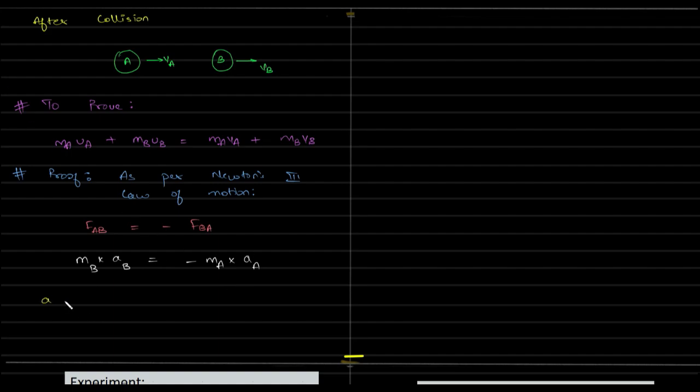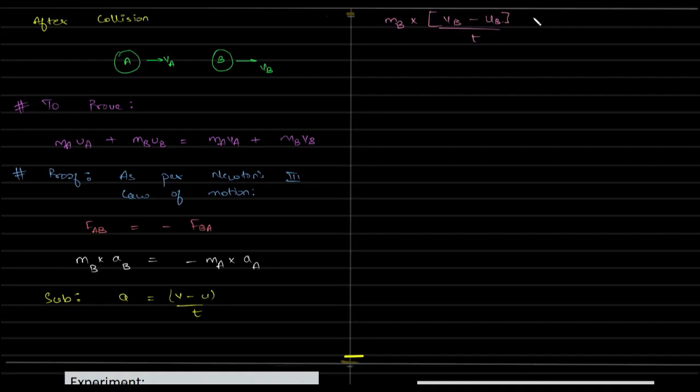Now, what is acceleration? Acceleration is nothing but V minus U by T, the change in velocity with respect to time. So we have to substitute this. Let's substitute A being equal to V minus U by T. If I substitute in each of these, we get MB into VB minus UB by T minus MA into VA minus UA by T. Here T is the time of collision.